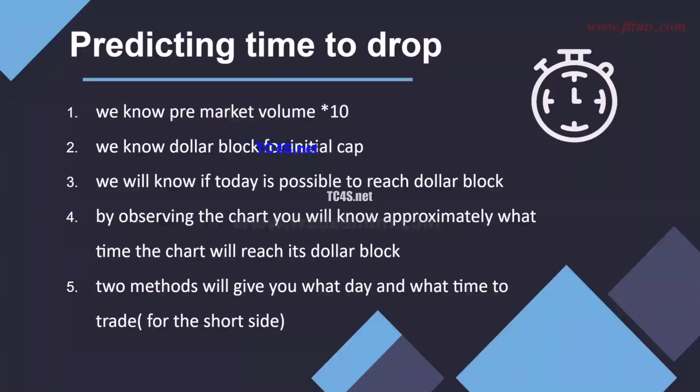After it goes parabolic and starts to consolidate, you will get, okay, this is how much volume I traded within an hour. So you traded 30 million shares within an hour and traded another 30 million shares within the next hour. You can look at them on an hourly basis to see, okay, by 3 p.m. we're likely to reach the dollar block since it's trading 30 million volume an hour.